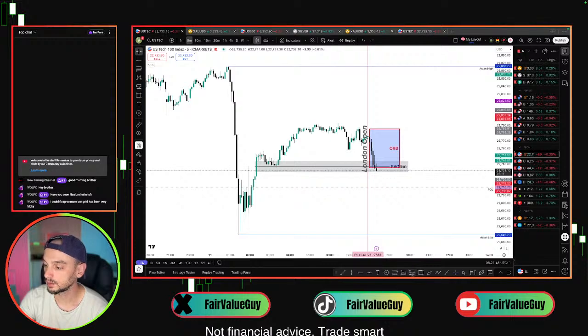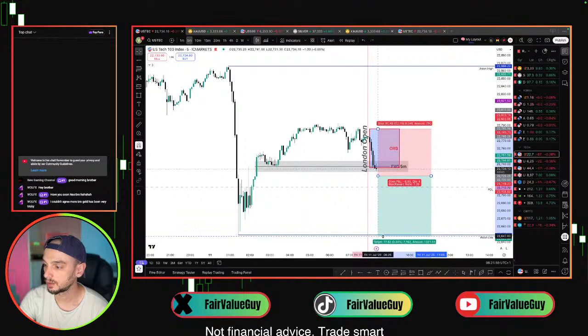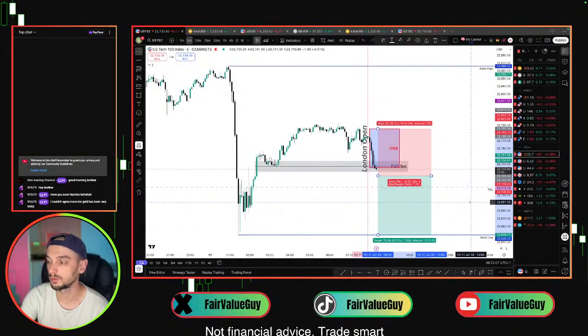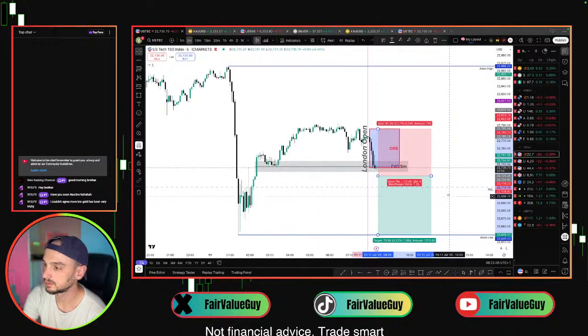If we're gonna enter on the ORB with liquidity target Asian lows because of the inversion of this 5-minute fair value gap, we need to think where our stop loss can be, because we can't put it up here. We're gonna target only 1 to 1.25, which is not ideal.